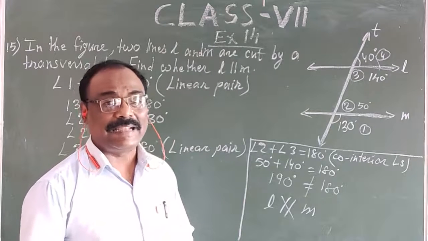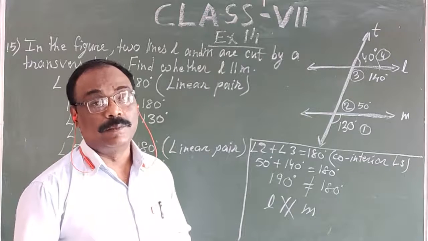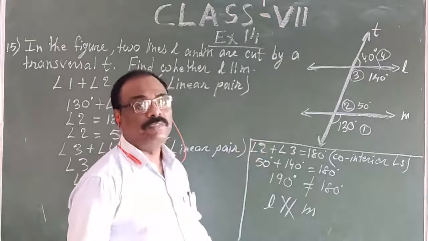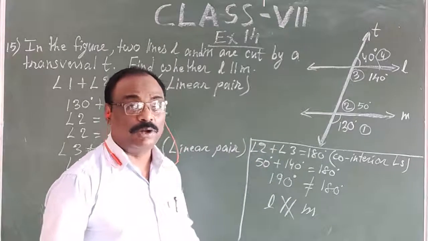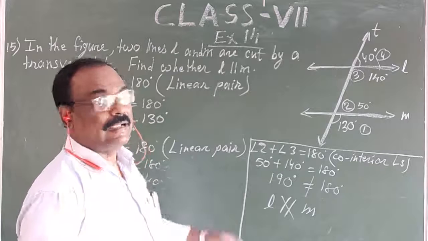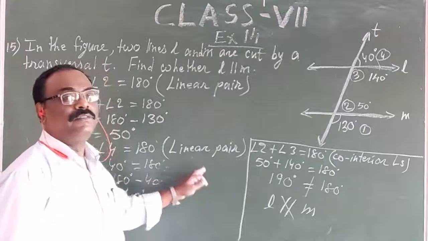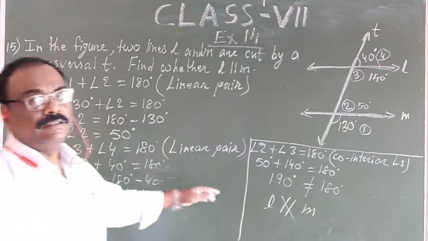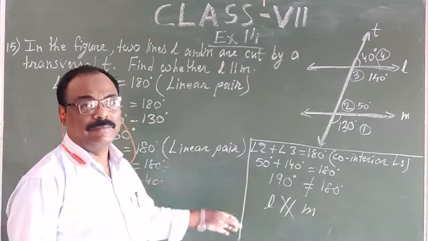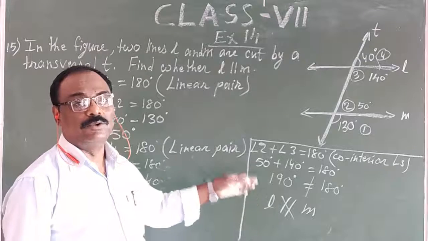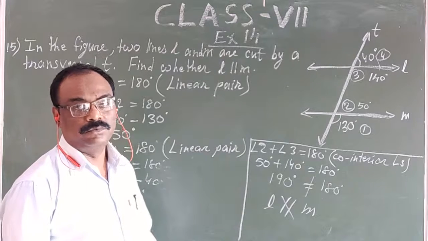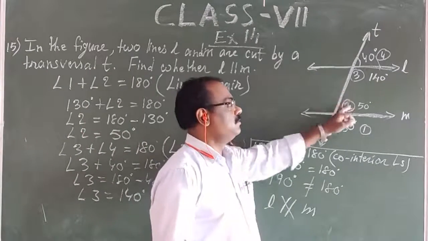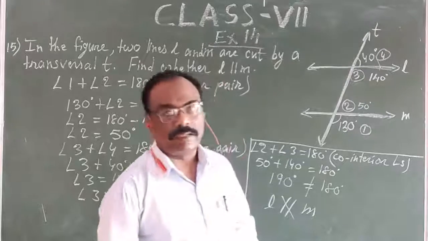If you get exactly 180 degree, then you will say that L is parallel to M. And if you are not getting 180 degree, as in our first figure, then we say that L is not parallel to M.